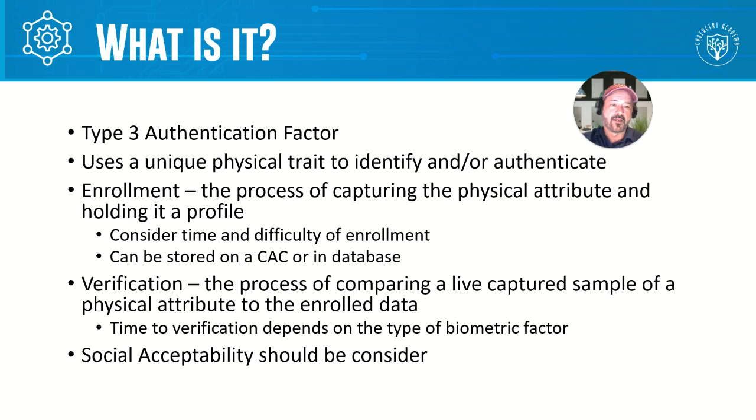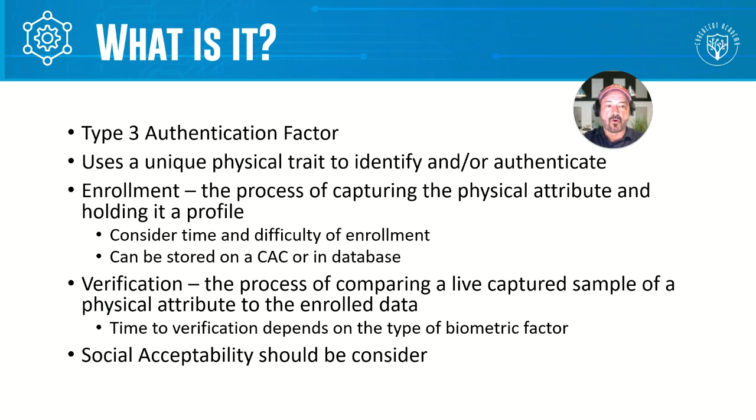One is enrollment. That's the process of having the system capture a unique physical attribute. It's interesting, there are some biometric techniques that are not dependent on physical attributes, but on behavioral attributes, such as keyboard dynamics, things like that. But most of the time, we associate biometrics with a physical attribute.